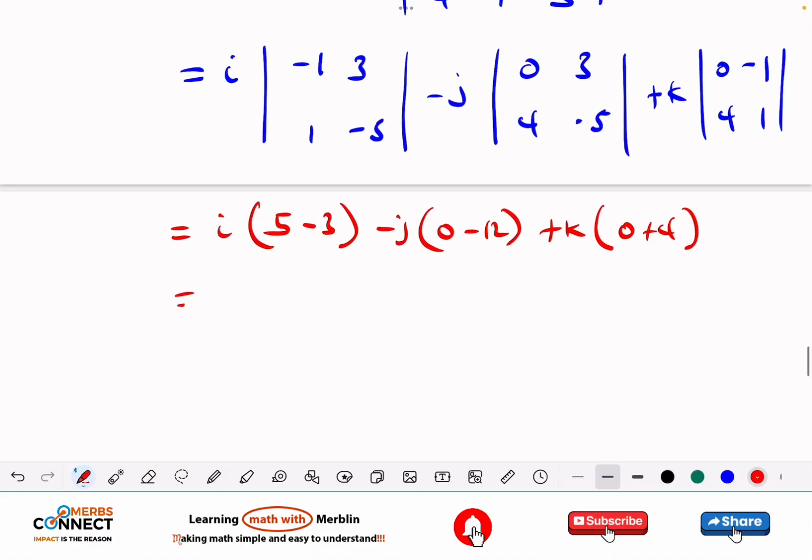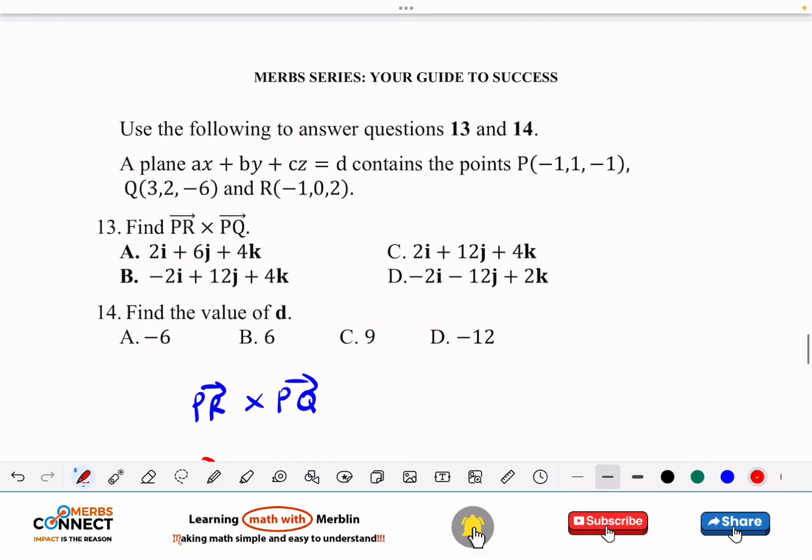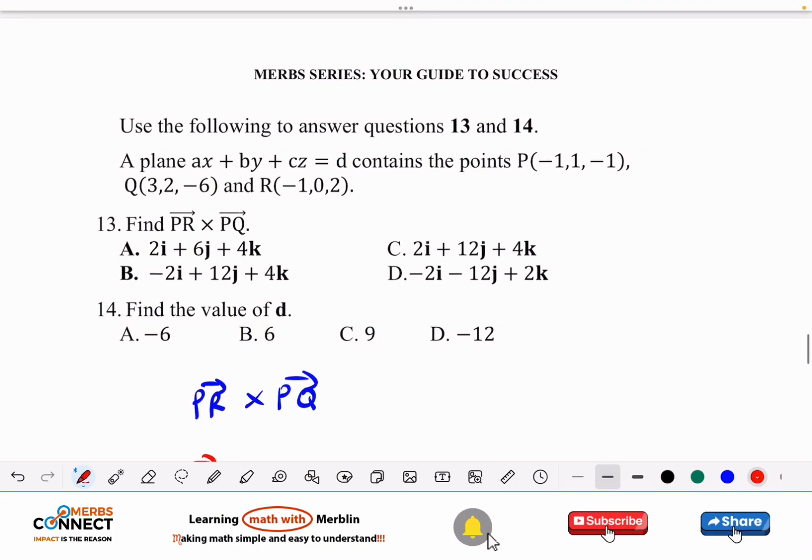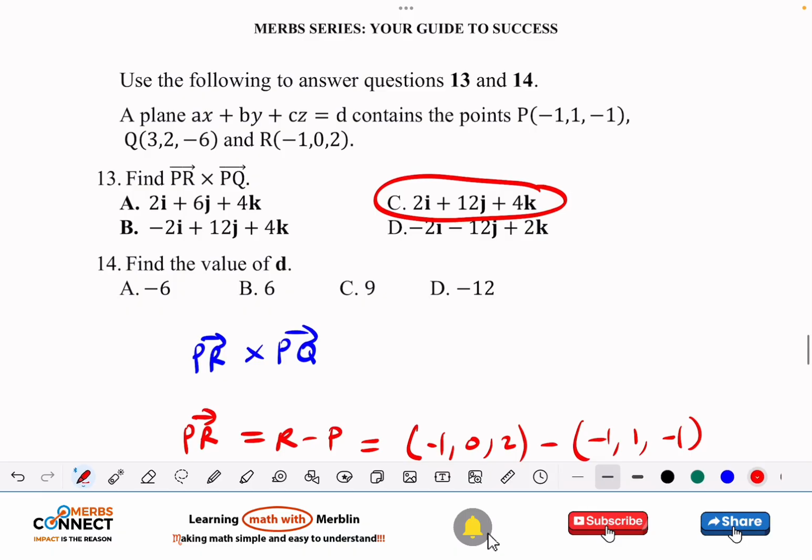So this is going to give us 2i plus 12j plus 4k. So 2, 12, 4. Let's see if we have the results there. 2, 12, 4. Okay, we have it here.